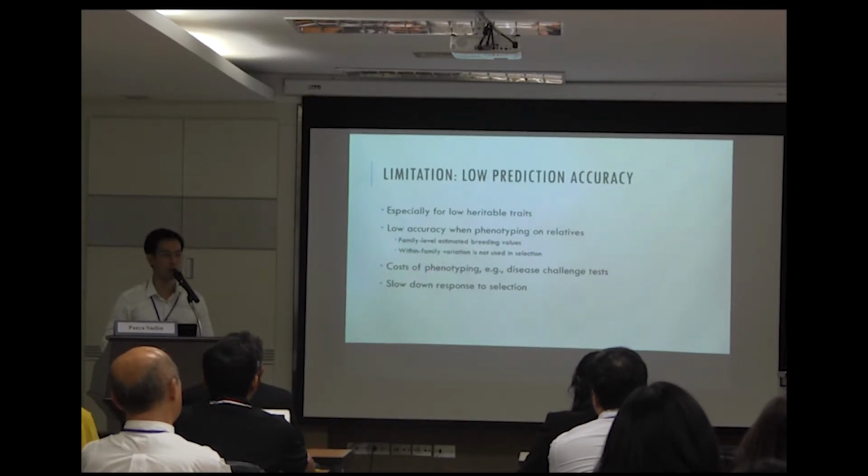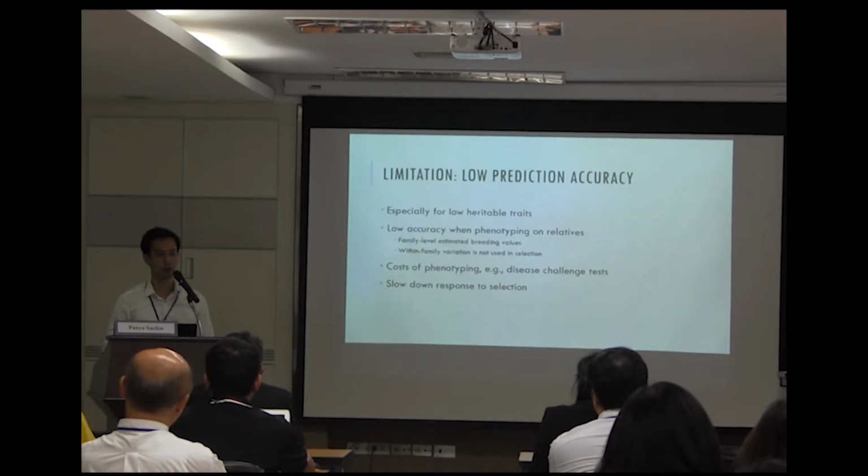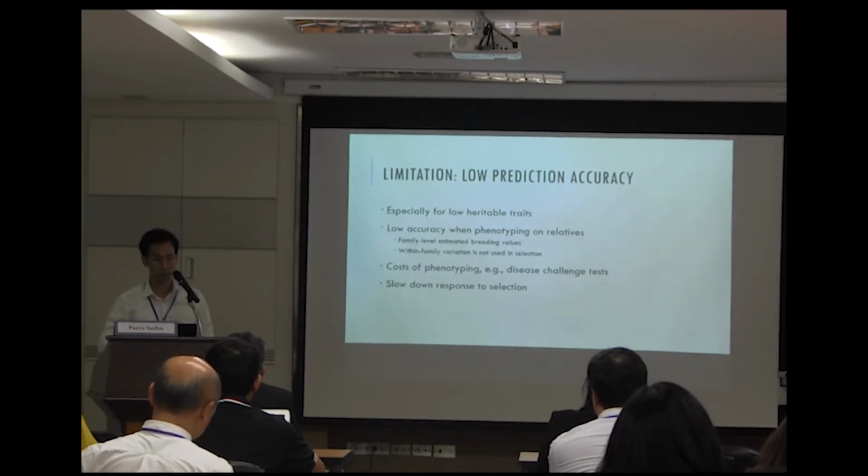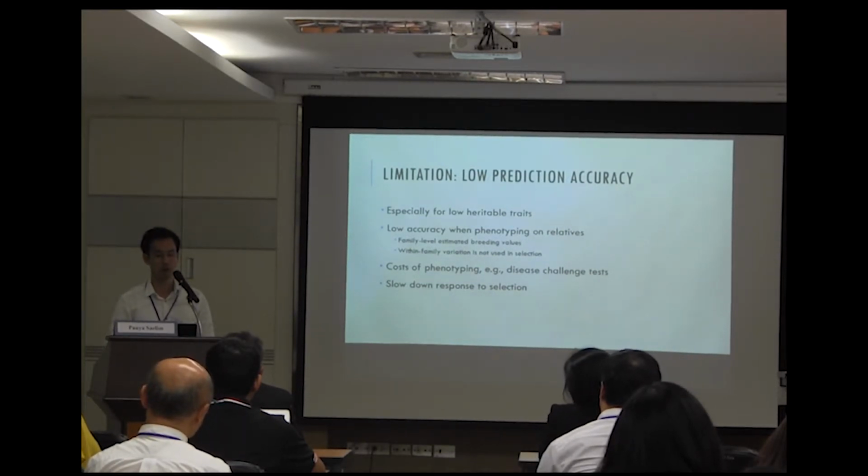So most of the time you don't measure the trait or the phenotypes on the parents, but you measure on the close relatives. And that also lowers the accuracy of prediction of the parents, depending on the relationship between the relatives and the parents. I will give you more detail later about this point. And if you need to measure a trait that is quite costly, this is also problematic at the moment for the breeding program, and slows down the response to selection.